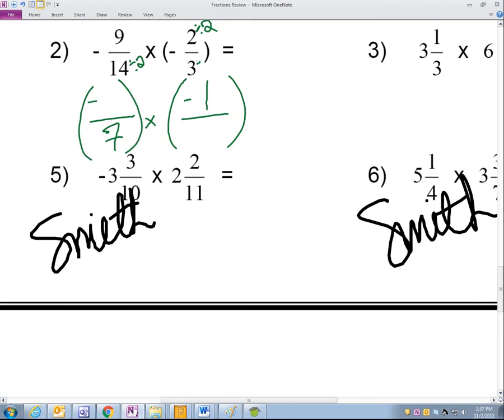This is a cross reduction. Divided by 3. So 9 divided by 3 is 3, and 3 divided by 3 is 1. So now I have a negative 3 multiplied by a negative 1, because I go right across the top. And 7 multiplied by 1 is just 7. And that is a positive number, because a negative times a negative is a positive.